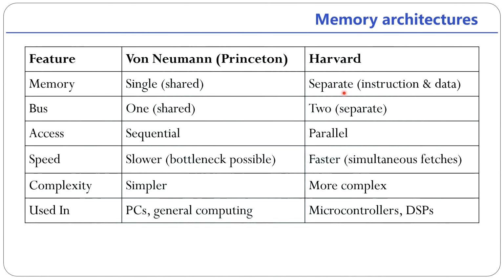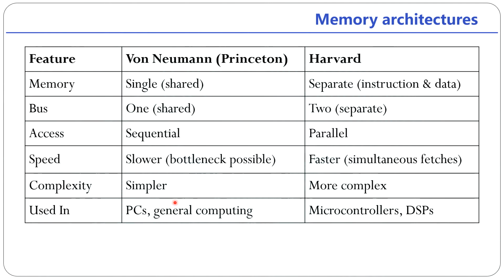In the Harvard, two separate buses are available, one for data, one for instructions. Access for the von Neumann is sequential, but here it is parallel. That means the von Neumann is slower as compared to this. Speed: slower for this one, and this is faster.